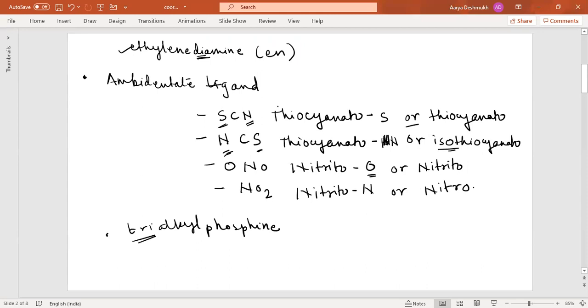To avoid confusion, if there are two molecules of ethylene diamine or trialkyl phosphine bonded to the metal atom, you can't write it with di. Instead, words like bis, tris, and tetrakis are used. These are prefixes from the Greek language.